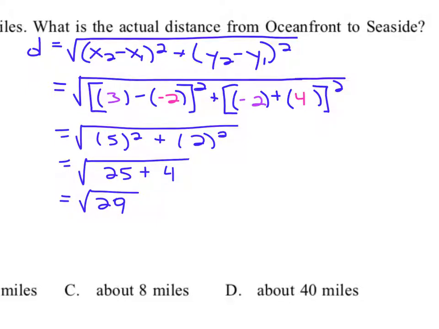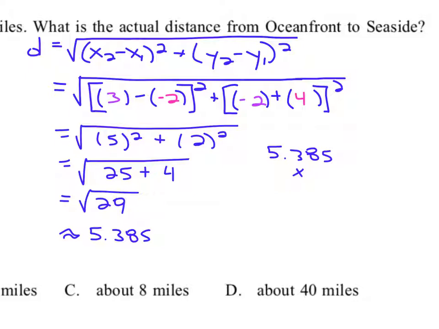Okay, and the square root of 29, I'm going to do it to a couple of decimal places. We say square root of 29, and we get approximately 5.385. I'm going to write that. The reason that I'm not rounding it yet is because I want to then take that number, 5.385.